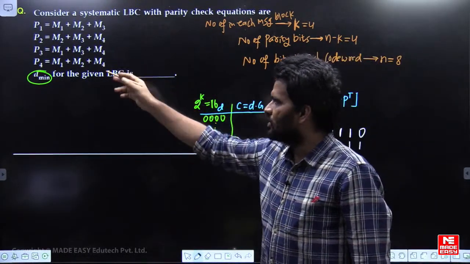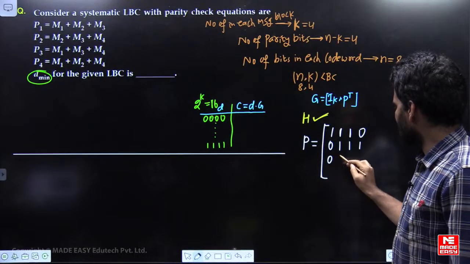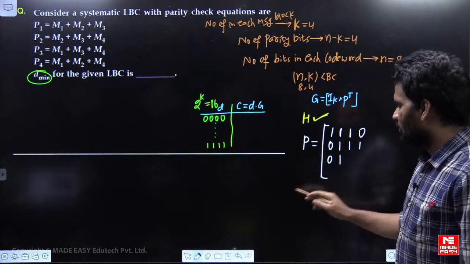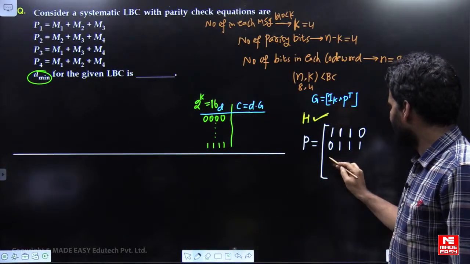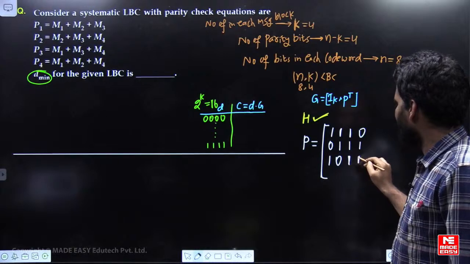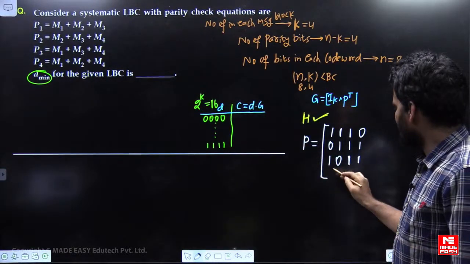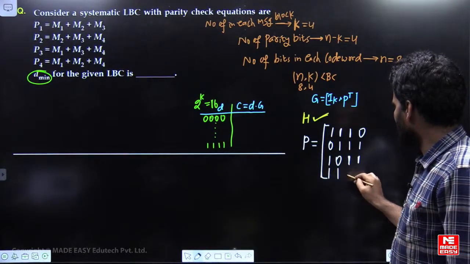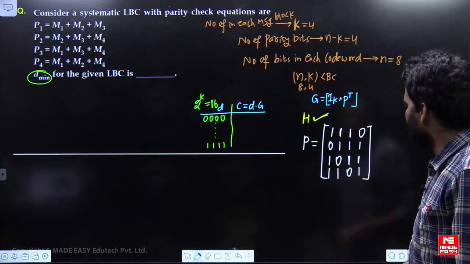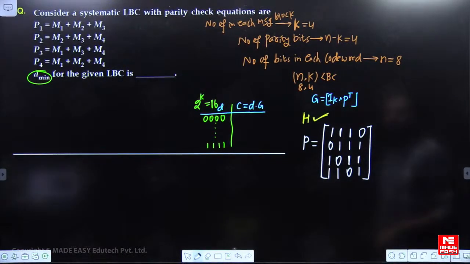And here M2 is missing, so 1, 0, 1, 1. And here M3 is missing, so 1, 1, 0, 1. This is the P matrix.